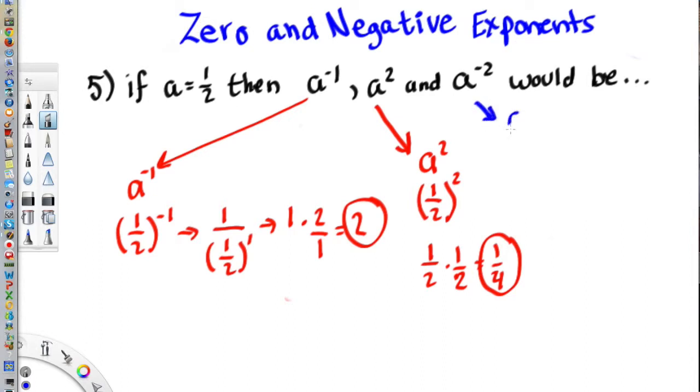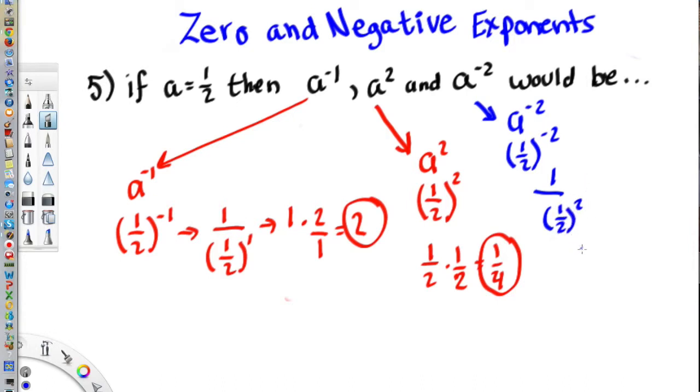Okay, if I have a to the negative second power, I'm going to substitute my 1/2 for a, and now I'm raising it to the negative second power, which means I'm doing repeated division. So that would be the same thing as 1 divided by 1/2 to the second power.